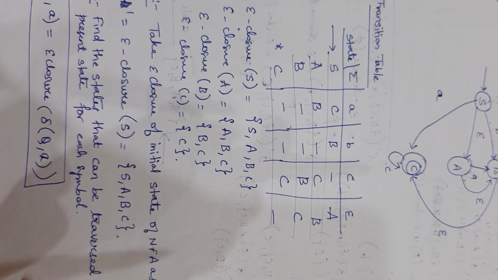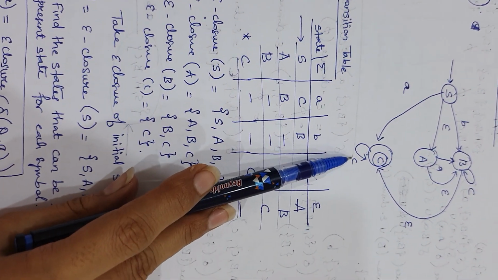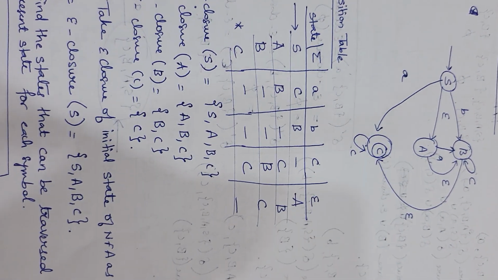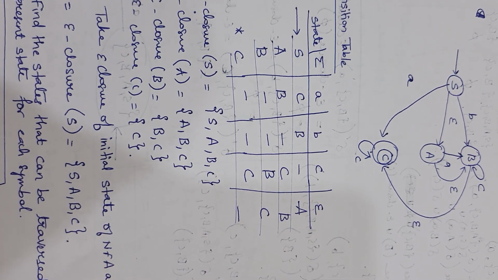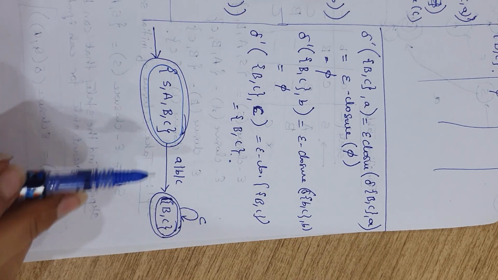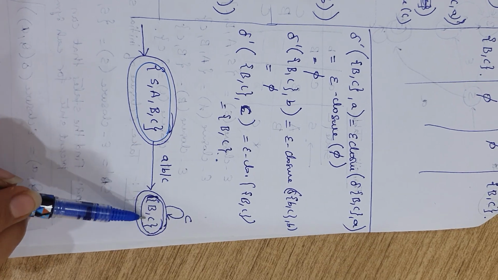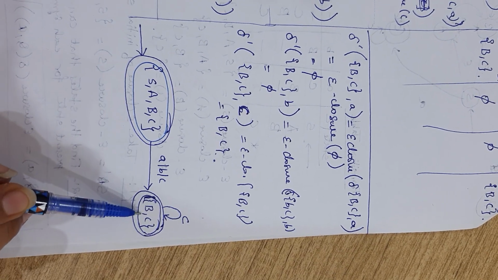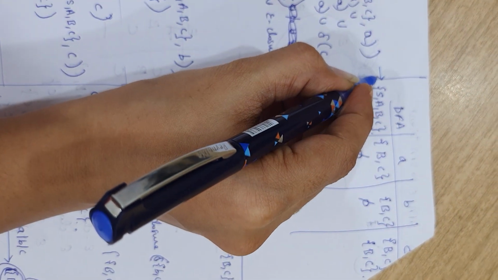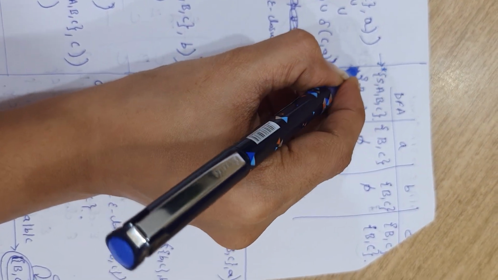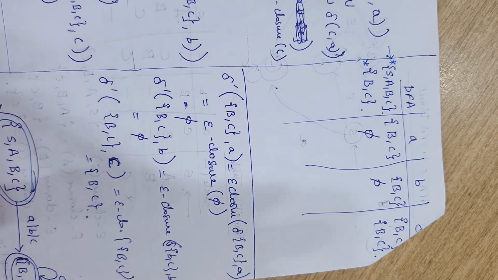The final state in this given NFA was C. So we will make all those states final states which contain C in them. C is here and here also. So both these states will become the final states. For marking in the table, this is initial and final both, and this is only the final state.